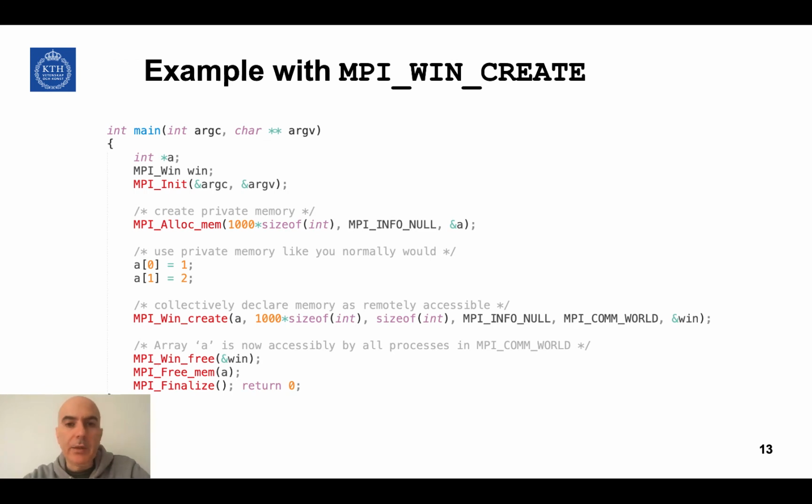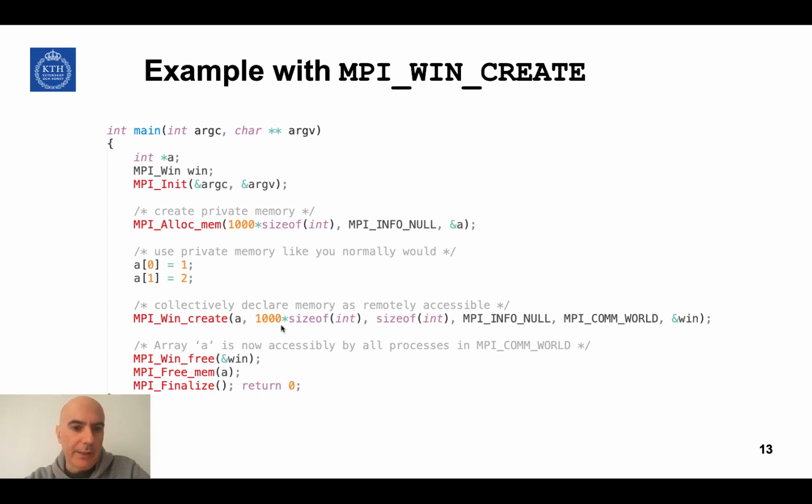And then the communicator and the window handle. So let's see how this works with a simple example. As I told you, MPI_Win_create requires us to allocate memory first. In this case, we are calling MPI_Alloc_mem, and we create an array A of integers, and then we call MPI_Win_create using this buffer.